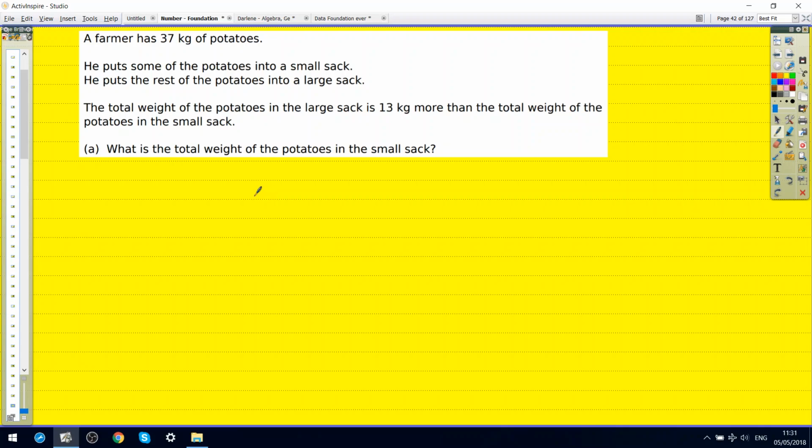That's all right. So farmer has 37 kilos of potatoes. Okay, how would you do this?